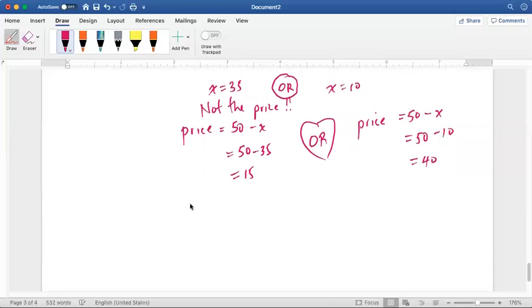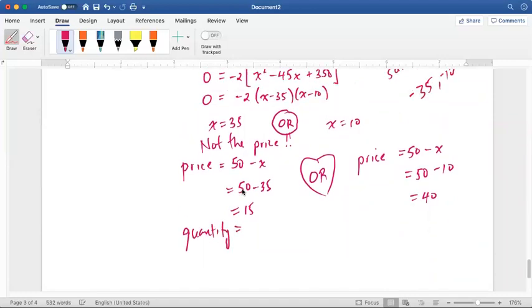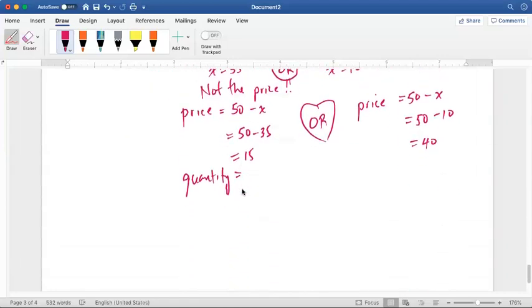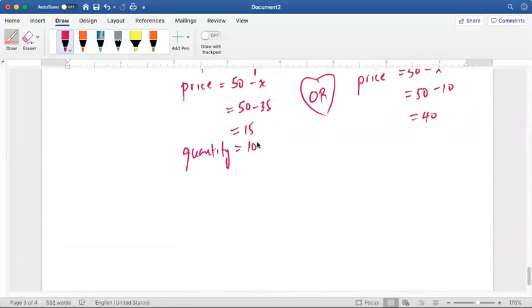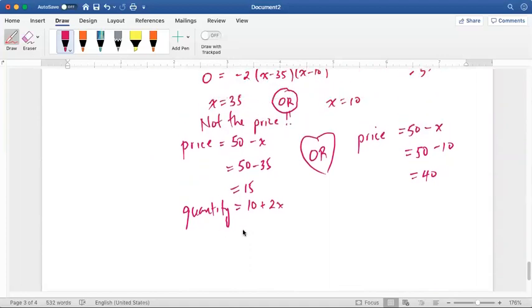Now our quantity, remember that the quantity was 10 plus 2x. So for this first case over here, x is 35. So we get 10 plus 70, or 80.